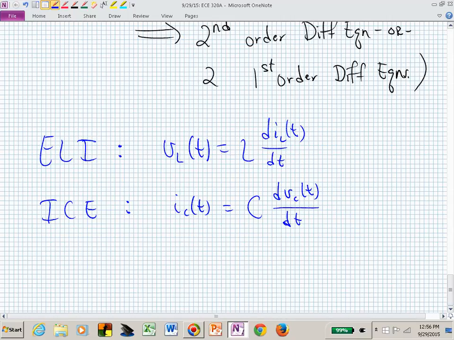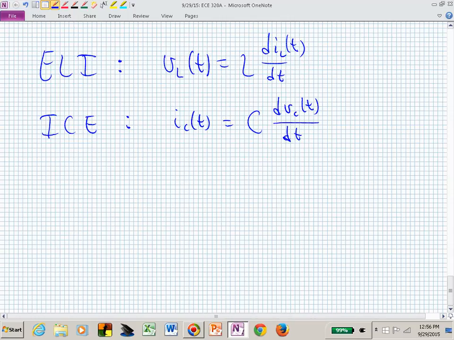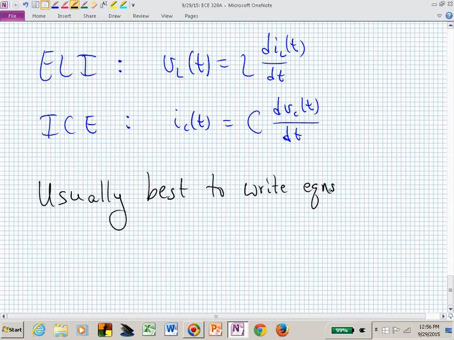Now, if we now think of these two equations, which variables are we wanting to maybe write the equations in terms of? And I just gave you that typical suggestion a few minutes ago. Usually best to write equations in terms of what?